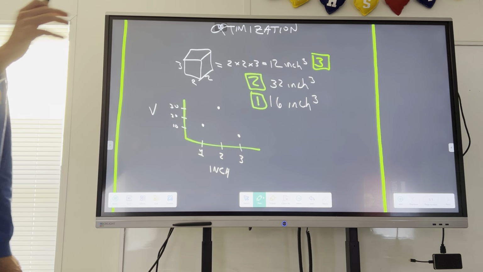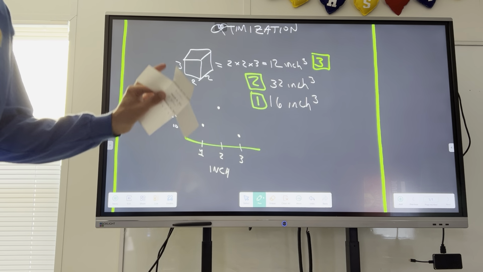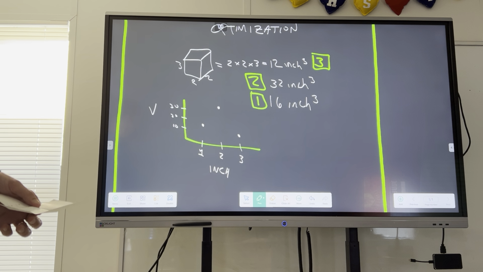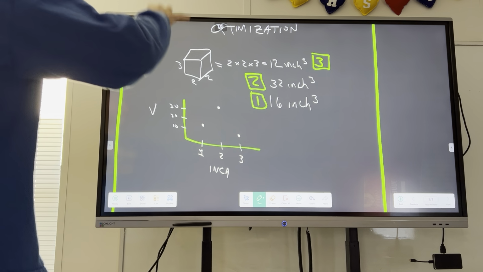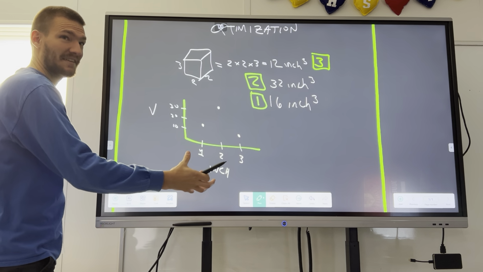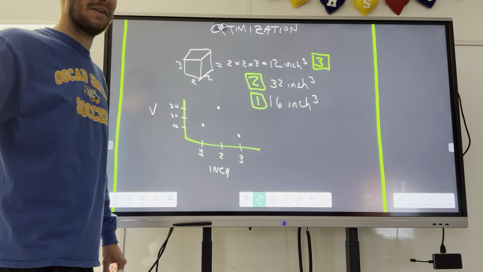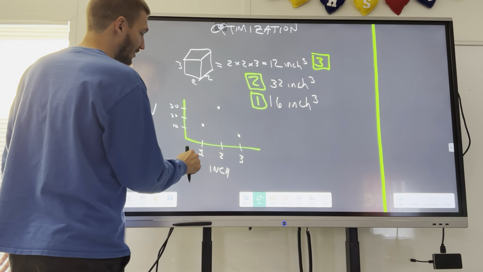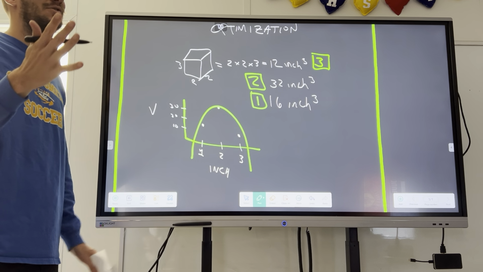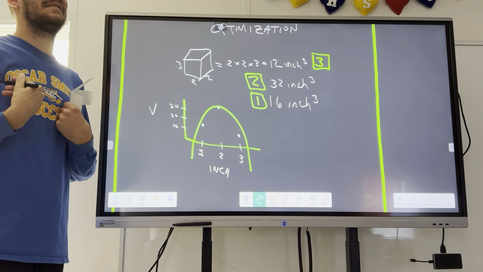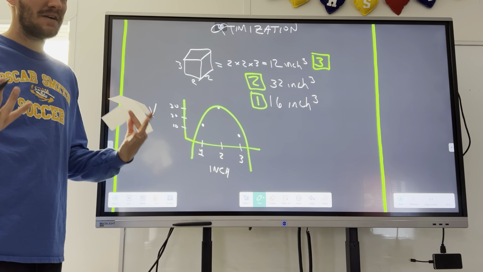So what do these points kind of lead you to believe so far? Any shapes from math that remind you of this kind of thing? Quadratic, parabola.